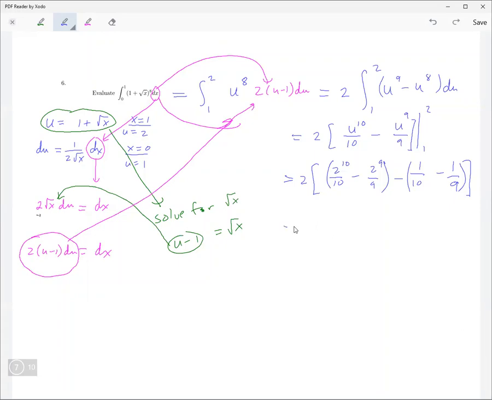Okay, I simplified this using a calculator, and I got 4,097 over 45. Okay, great. Any questions about this?